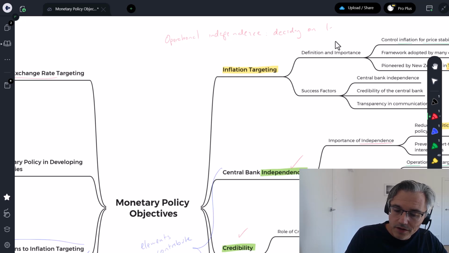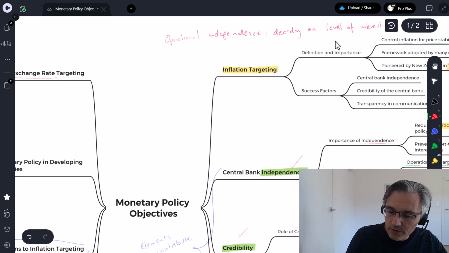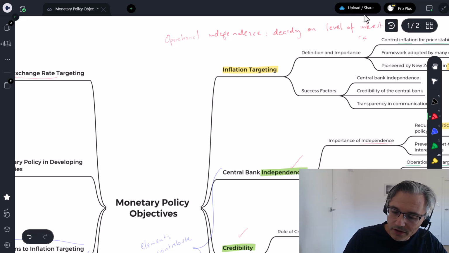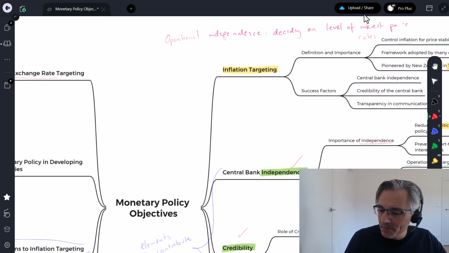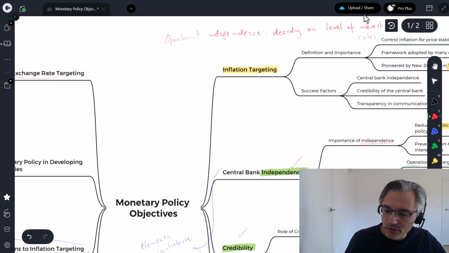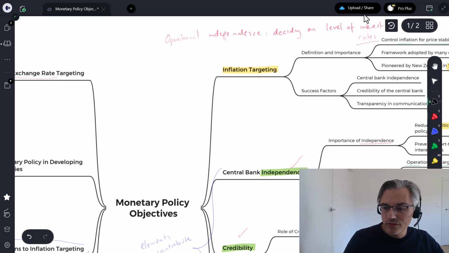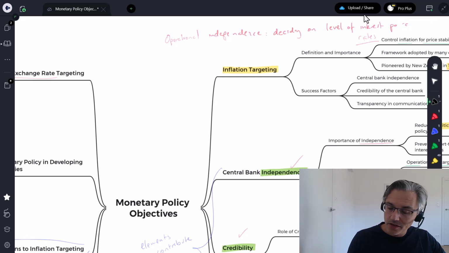As we talked about in a previous video, that means the policy rate, for example, the rate at which the bank lends money to commercial banks.